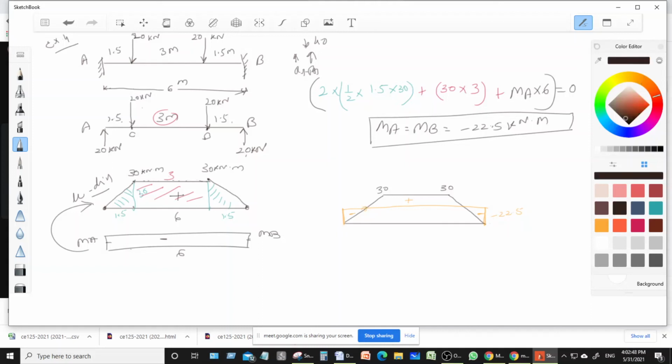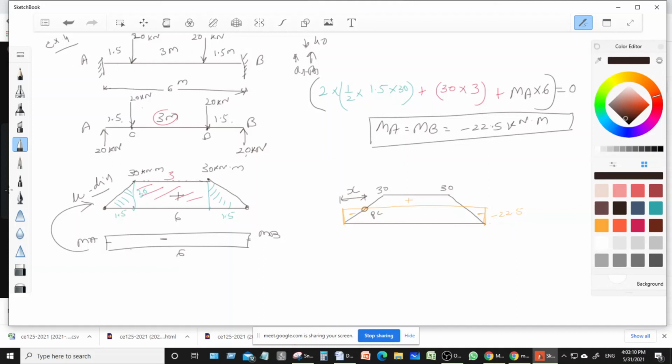So this one is your point of contraflexure, right? This is your point of contraflexure, and it is at the distance of x, and that is what we require to find out.